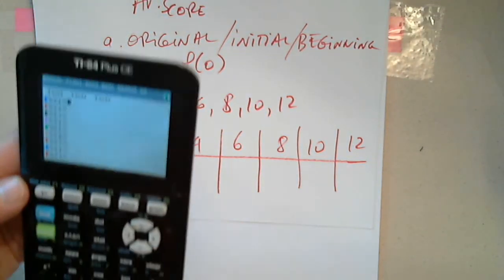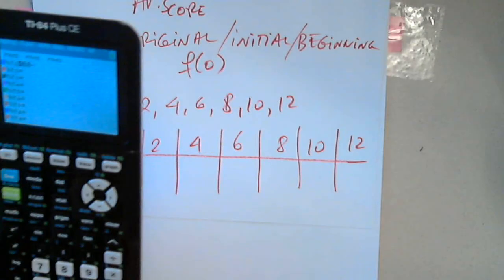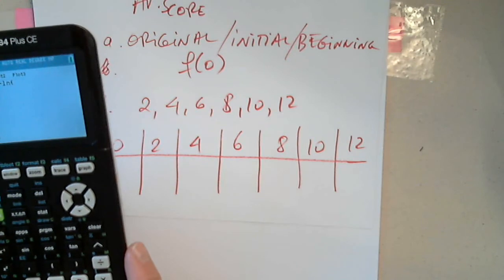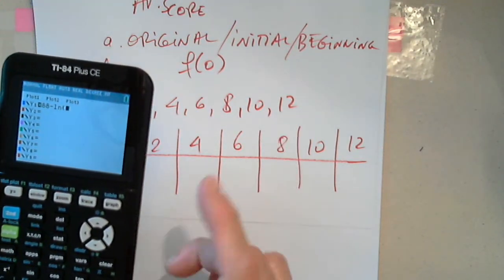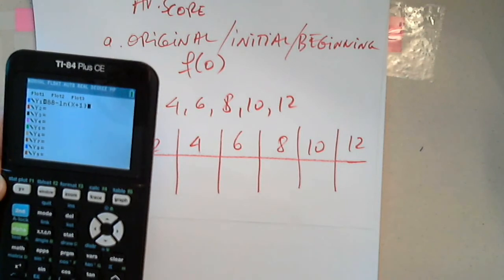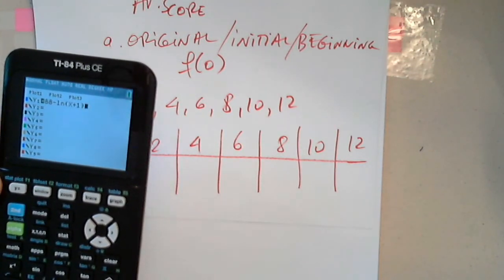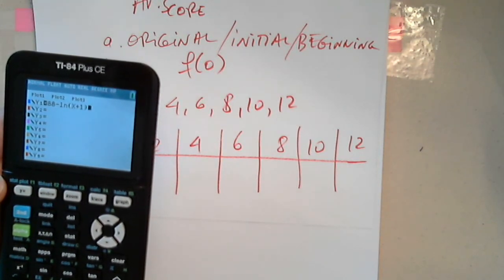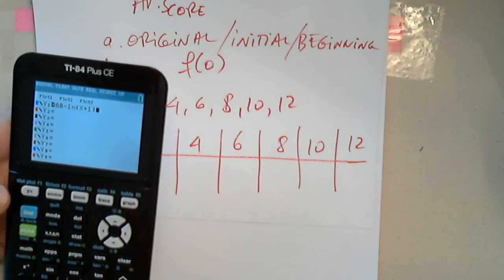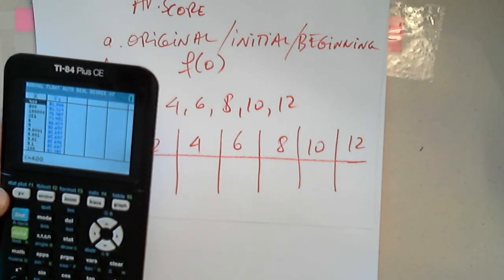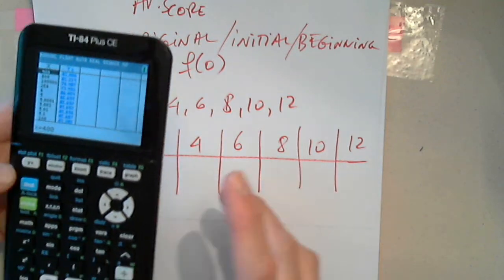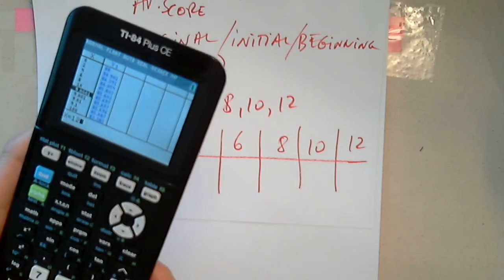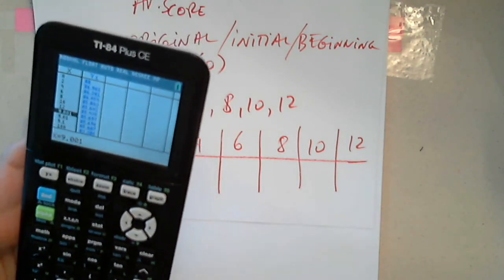And punch in 88 minus natural log, right here, this key, natural log, of x plus 1, and close the parenthesis. Do we all have this? Now with the table, I'm going to punch in all these numbers one after the other: 0, 2, 4, 6, 8, 10, and 12.